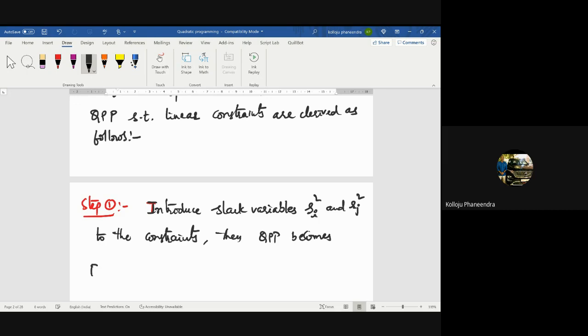Now, what is the objective function? I am considering maximization of function f of x, or you can write, summation cj into xj, j equal to 1 to n, minus 1 by 2 double summation, j equal to 1 to n, k equal to 1 to n, xj into djk into xk. Done. This is objective function.